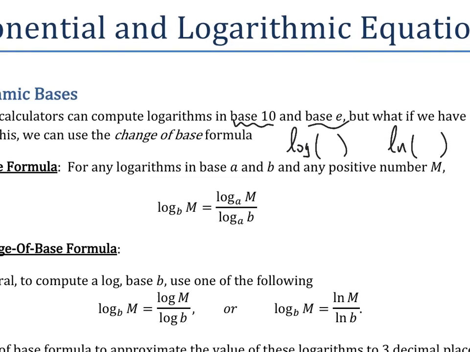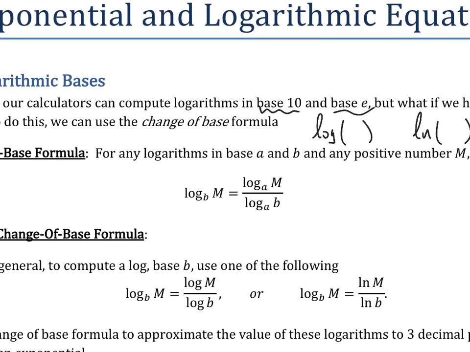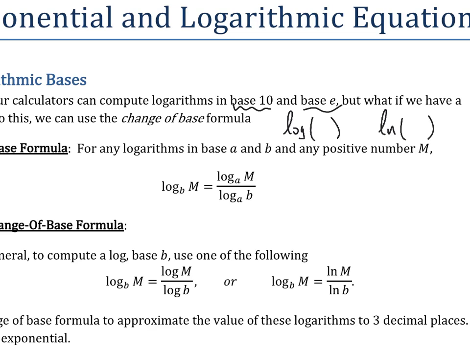Well, for any logarithm with bases a and b and some positive number m, if we have a logarithm of a base that we're not familiar with, we can change it into a new base using this formula. Notice the log of m goes on top of this fraction, and the log of b goes down here, and we change it to a different base that we're more familiar with.